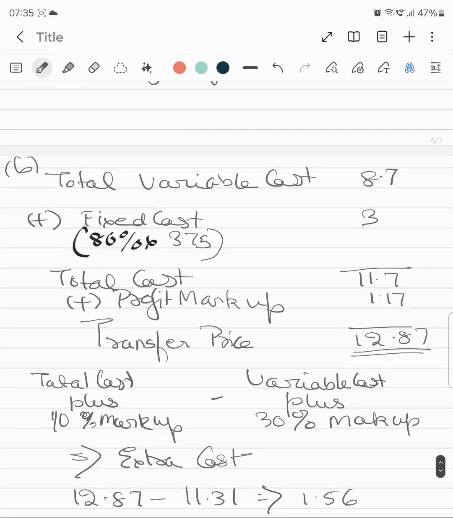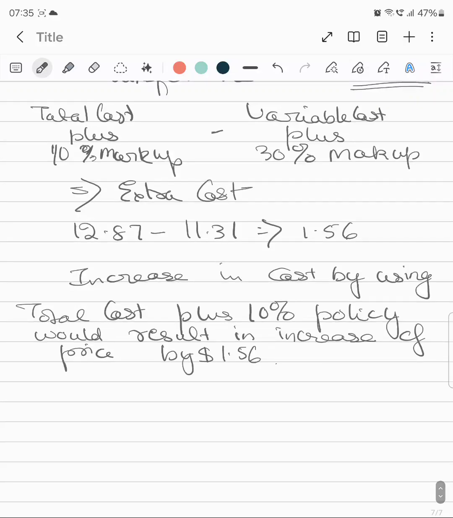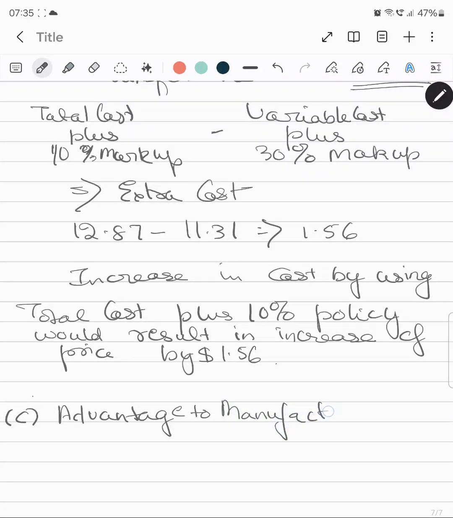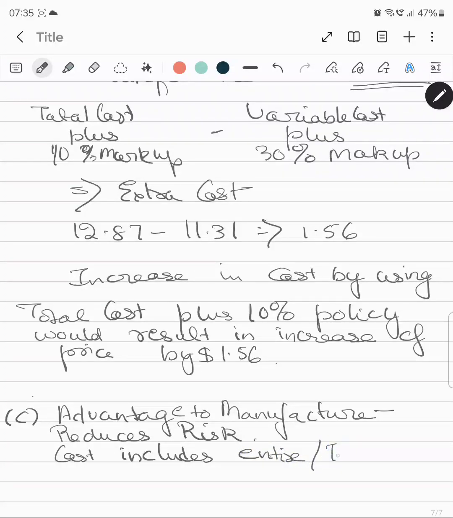So first of all, what is the advantage to the manufacturer? The advantage to the manufacturer is that it reduces risk. Risk, as in the cost includes the entire or total cost. So this risk is mitigated.